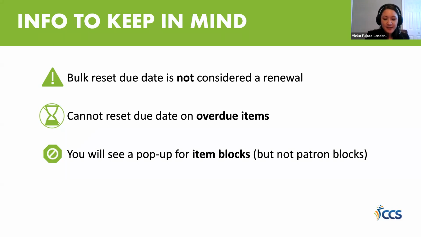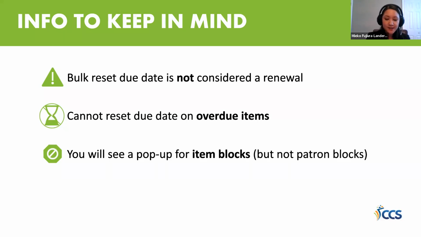The third piece about this is that you will see an alert for item blocks. So as we see in the demo, during the update process, Leap will pause and display an alert if it detects an item block. And for each item, you'll need to choose whether you want to continue to update that item or cancel the update to that item.